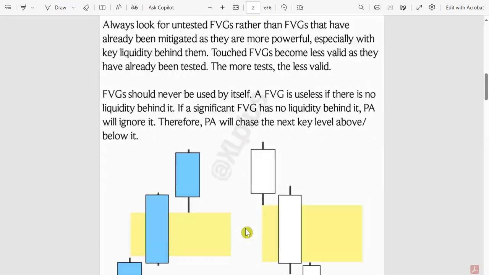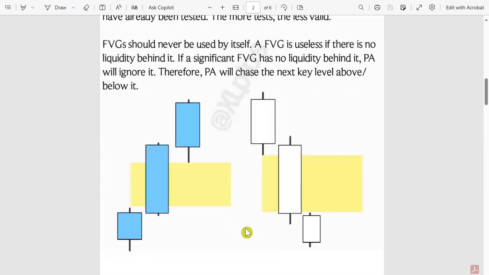Because most people are getting confused, like how can I mark the most valid fair value gap, because sometimes there are more than two fair value gaps. How can I know if this one is going to be the one? And how can I risk my trades? How can I use my risk management plan in this kind of area? But what you need to know is make sure you just use the fair value gap where there has already been a liquidity sweep behind it before formation of it.